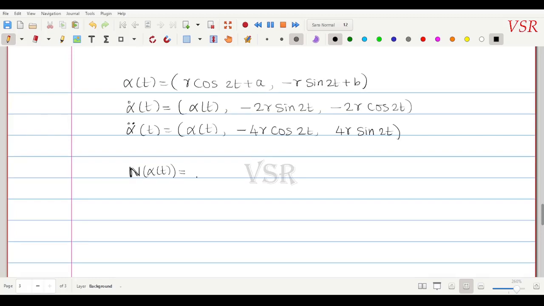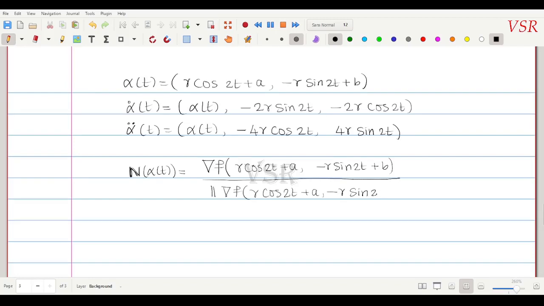So this is del f of this fellow, that is r cos 2t plus a, minus r sin 2t plus b, divided by the norm of del f, which is r cos 2t plus a, minus r sin 2t plus b. We are going to calculate the norm value of this.